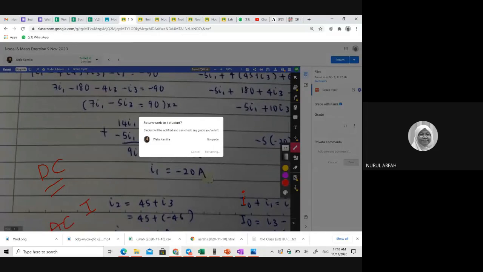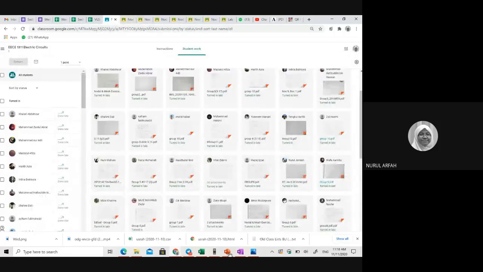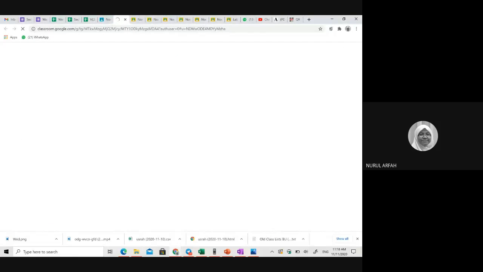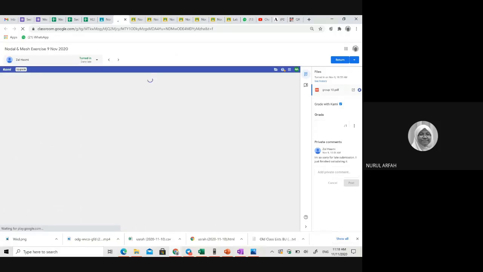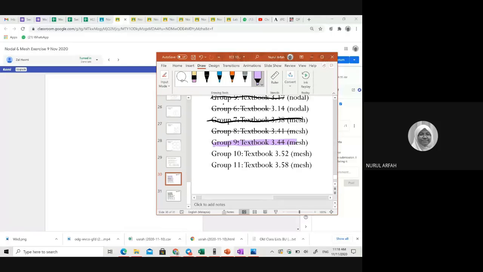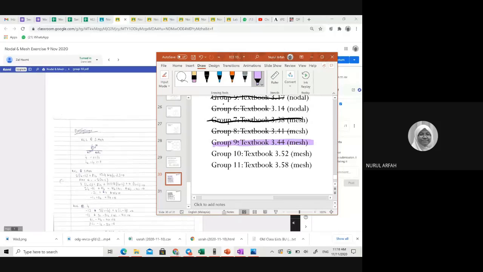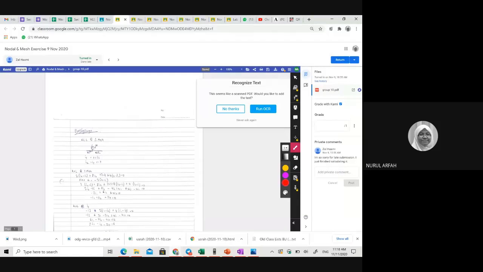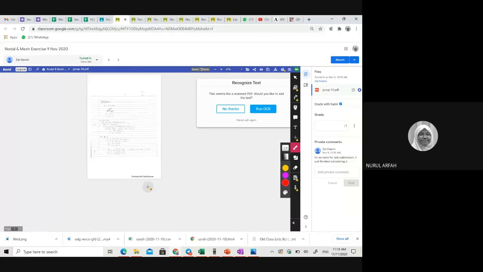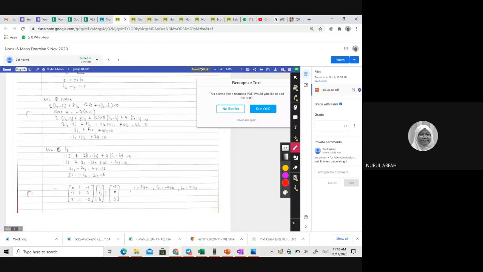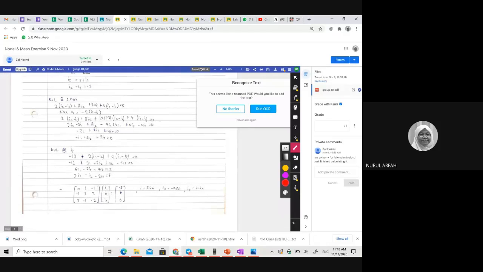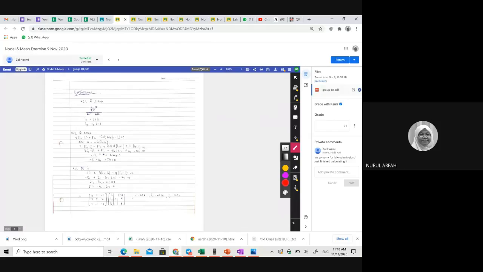Group number 10. Number 10, you're going to use mesh. Oh no. Zal, where is the figure? Figure, no figure?